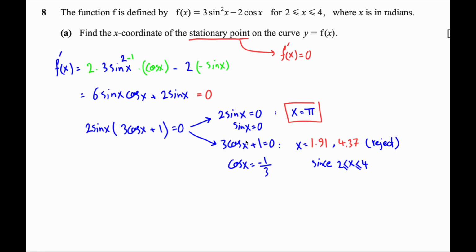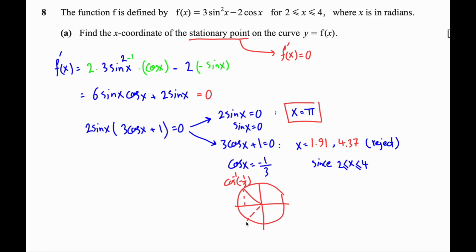That's acceptable. However, when you put the second expression equal to 0, you get cosine x to be negative 1 over 3. And if you use your calculator, the first value you get is this. But then if you refer to the unit circle, if this is negative 1 over 3, so inverse cosine of negative 1 over 3, that would be this guy.